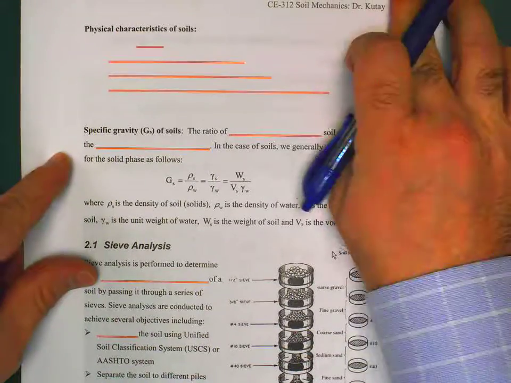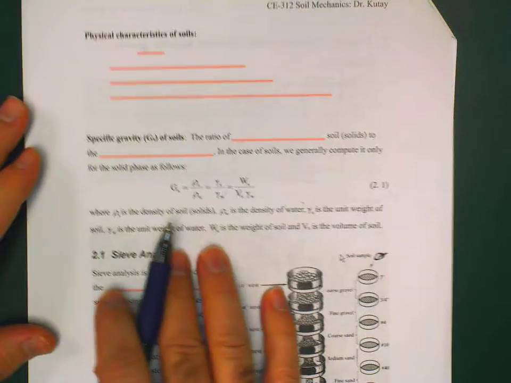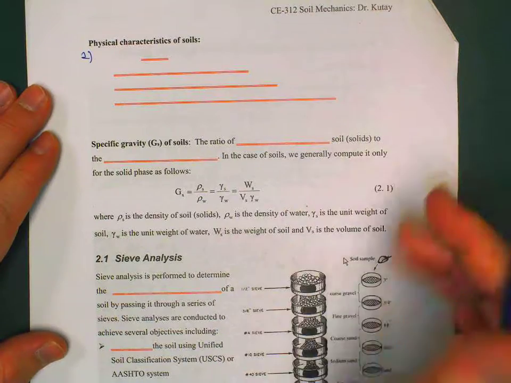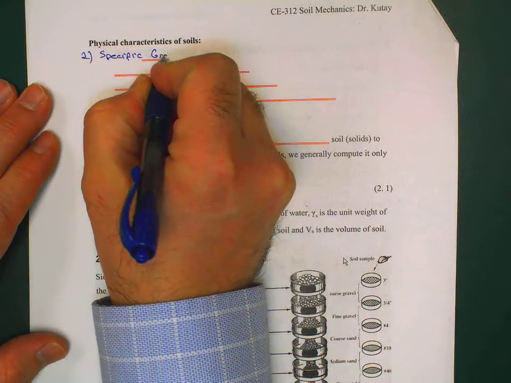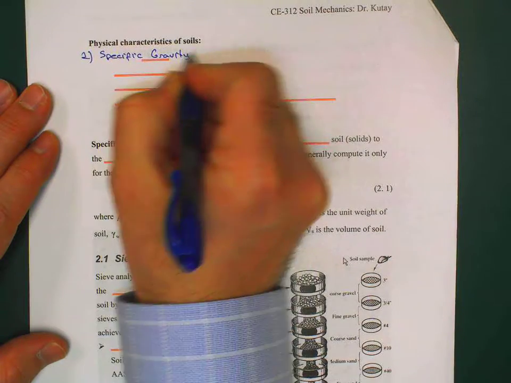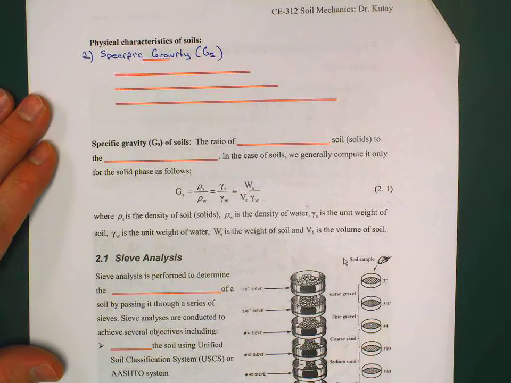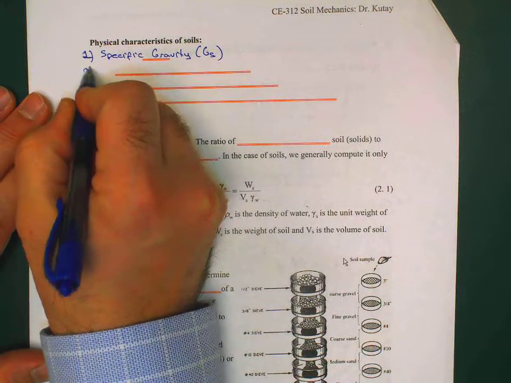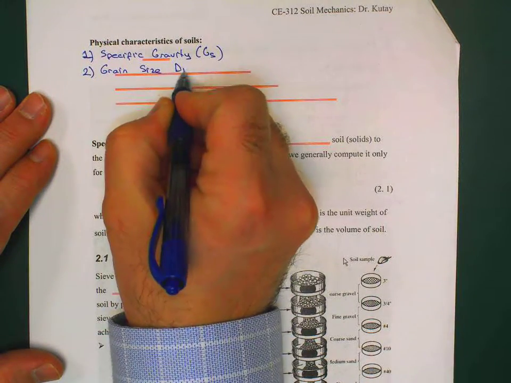First thing I'd like to talk about is the physical characteristics of the soils. What are the physical characteristics? The first one is going to be specific gravity, G sub S. The second one, grain size distribution.